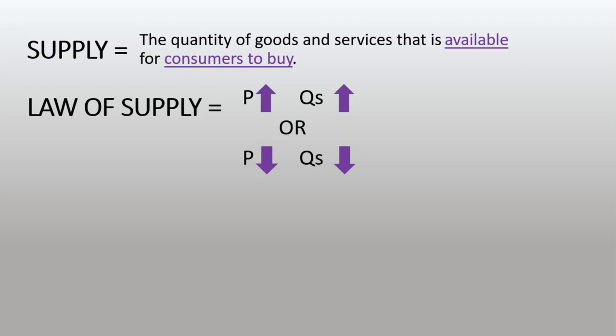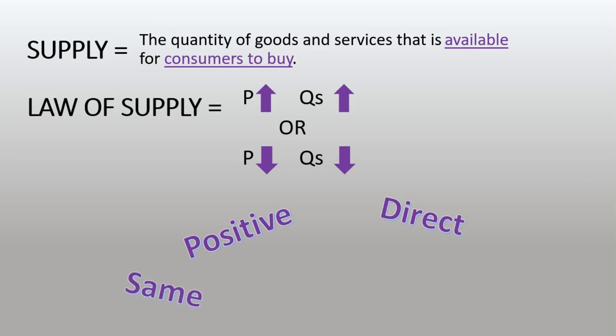We could then throw certain words around to describe that relationship, and we can say that the relationship between price and quantity supplied is a positive relationship. It is direct, it is the same, or it is identical. This just states that as one change occurs in price, the exact same change would occur in the quantity supplied.